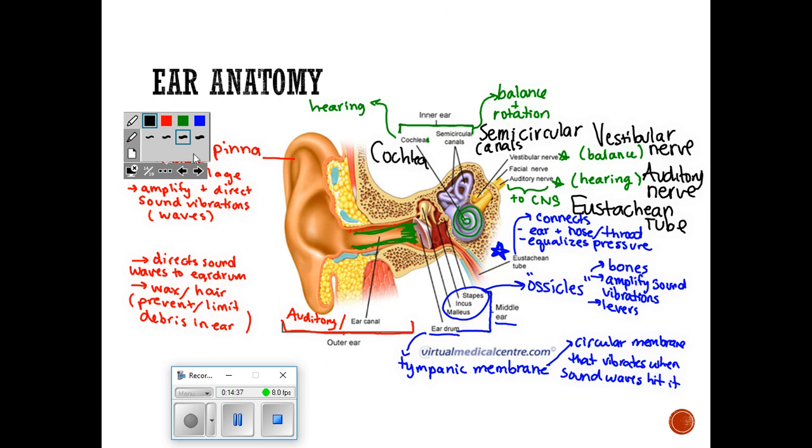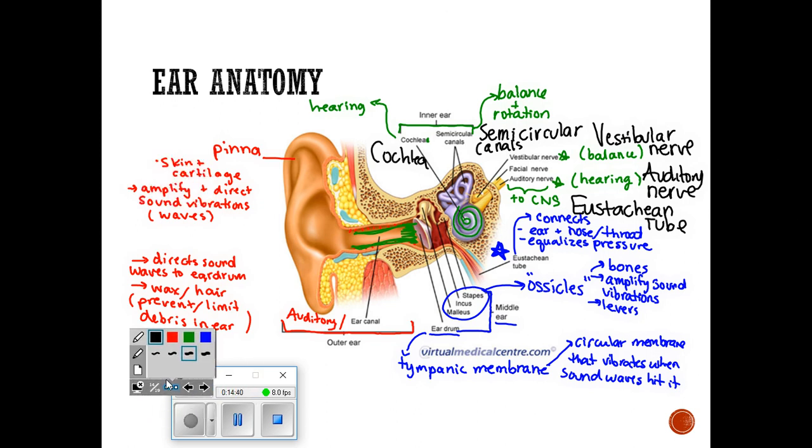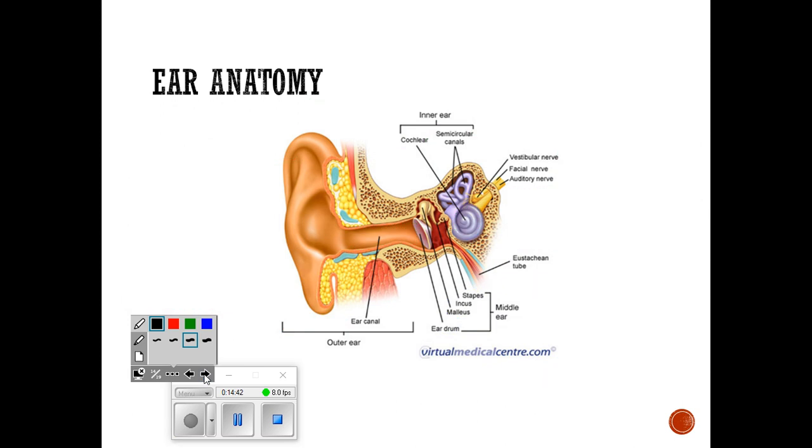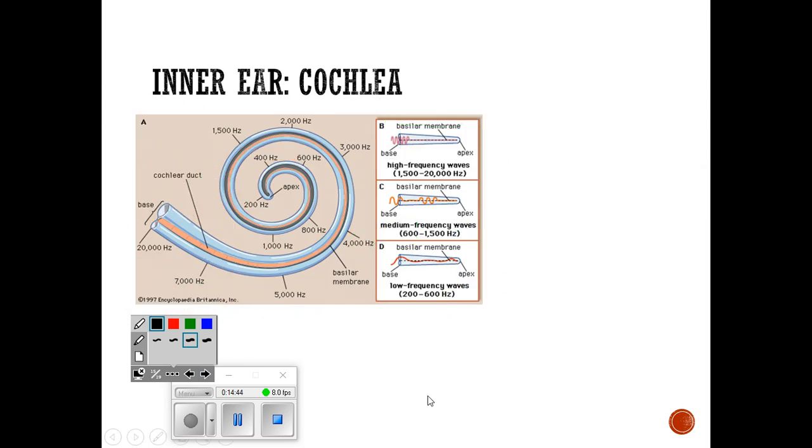So we're going to move in and talk about the inner ear in a little bit more detail. Now the picture that's here, it's on your study guide as well. It's showing you a little bit about what's going on inside of the cochlea. Now I said it kind of looked like a snail shell, and so we're representing that here.